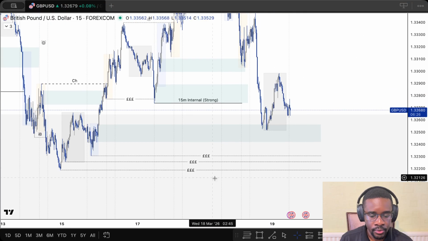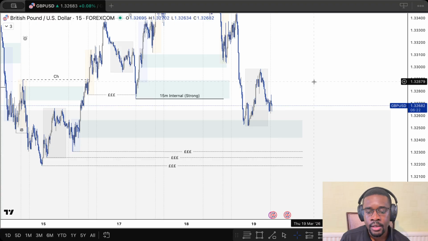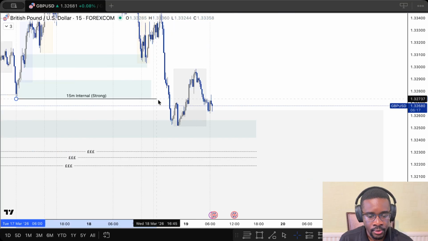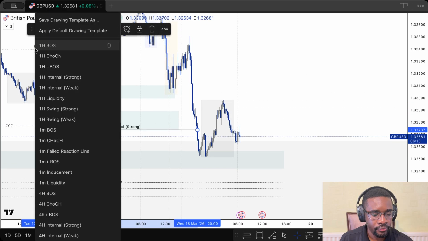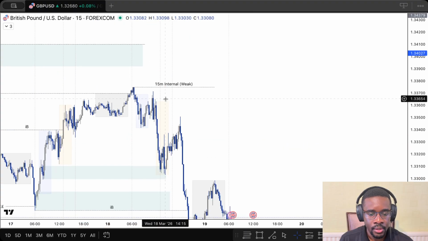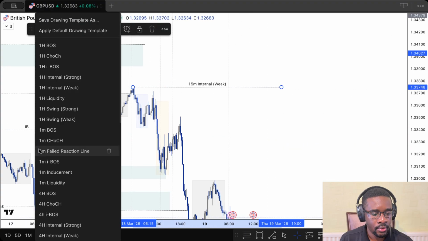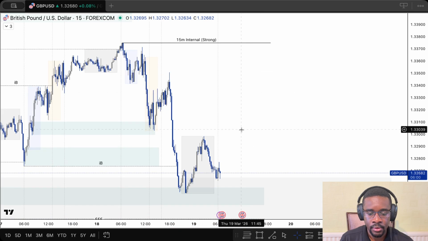All of these areas, at any point, price could sweep any one of these and give a reaction. And then this is our internal break of structure now. 15M BOS, and now this becomes my strong internal high.